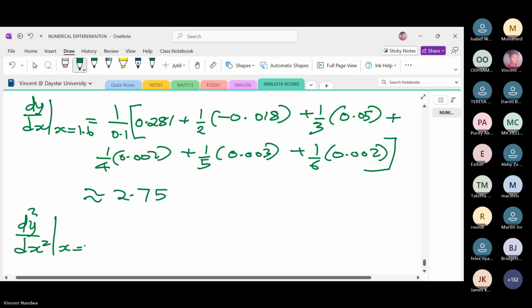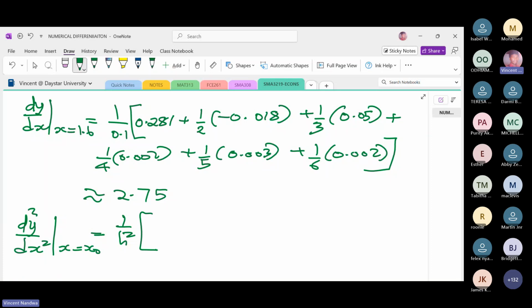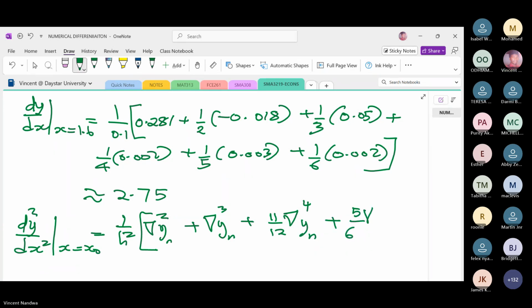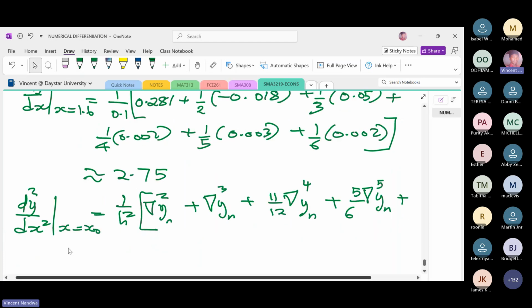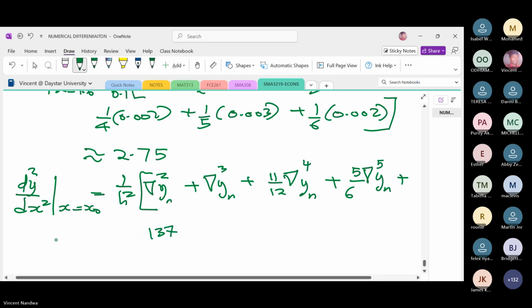By definition, the second derivative at x equals x naught is 1 over h squared into backward squared yn plus backward power 3 yn plus 11 over 12 backward power 4 yn plus 5 over 6 backward power 5 yn, then plus 137 over 180 backward power 6 yn plus other several terms.